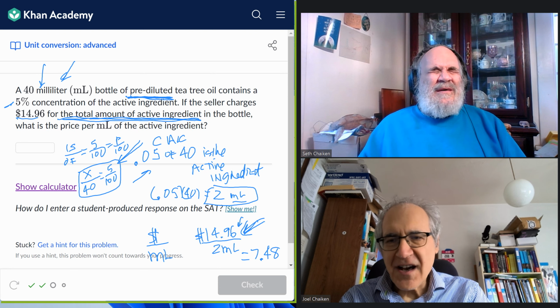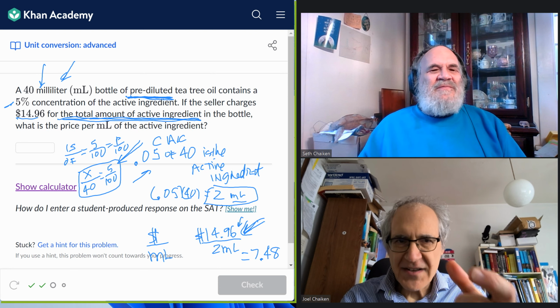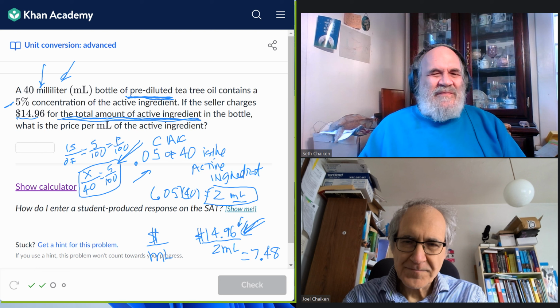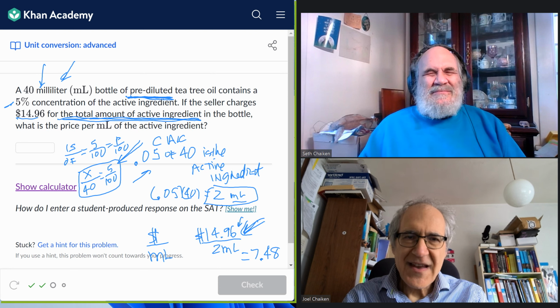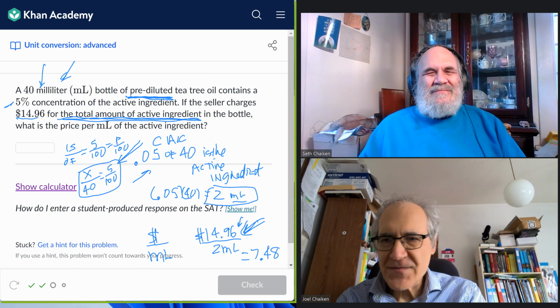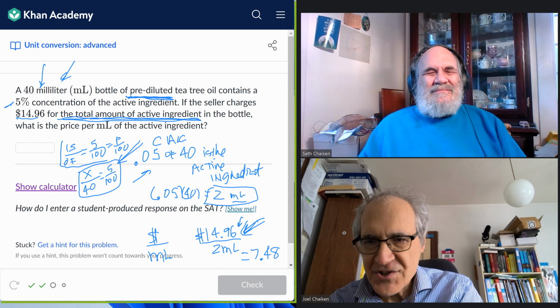Yeah, in the "of" case. But the opposite percent: 5% of 40 milliliters is the fraction that 5% means, which is 5/100 or 1/20 times 40 milliliters. But if you have the backwards question, then this relation really helps you.